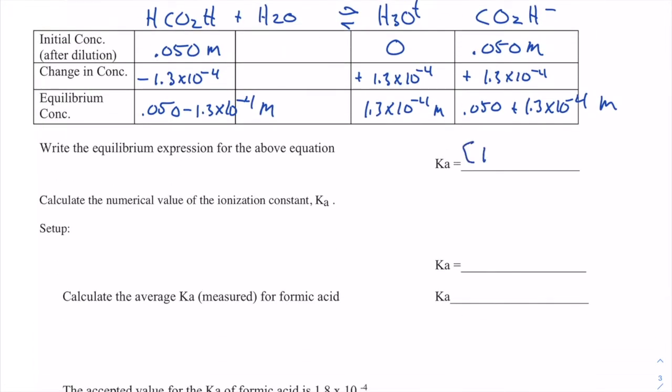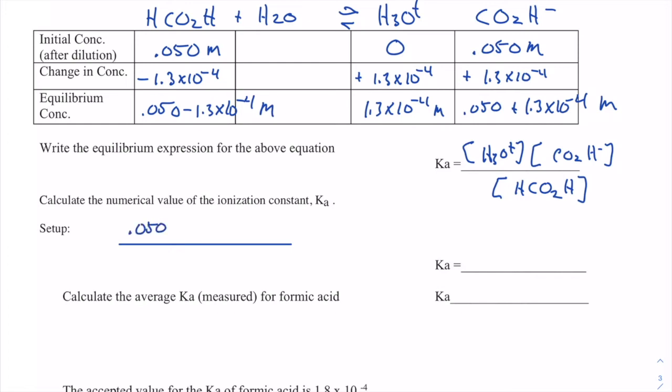Again, the same equilibrium expression. We're just in the habit of doing it over and over again, and that's a good habit to be in. Make sure whenever you take a quiz or exam, you write out the equation and the expression, which is what I'm doing here. Okay, so let's go ahead and calculate the value of Ka. I'm going to do that addition and round to 2 digits at the end.